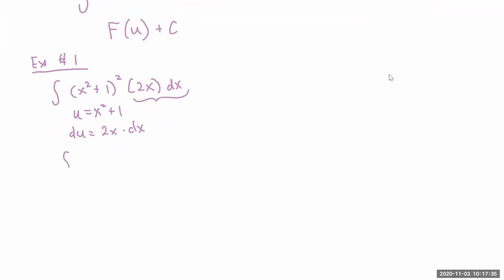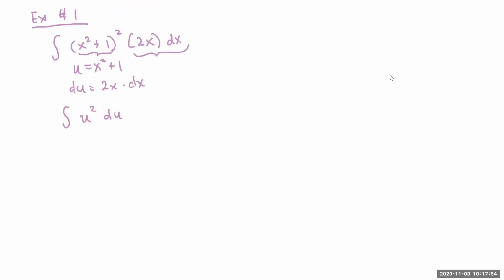Okay, so then going back and doing your u substitution, if I need everything to be u, the baby function is u, so u squared. 2x dx is du, so du. And the point is, can we make the integrand a little bit more simple so that when I find the antiderivative, I can do so using just basic antiderivative rules? So what's the antiderivative of u squared? We would get u cubed over 3.